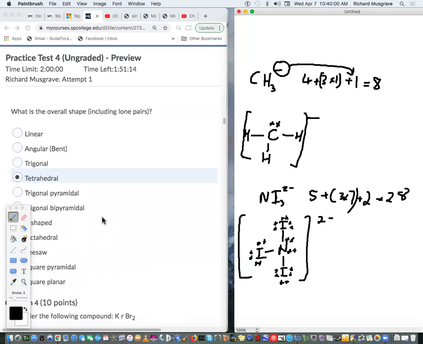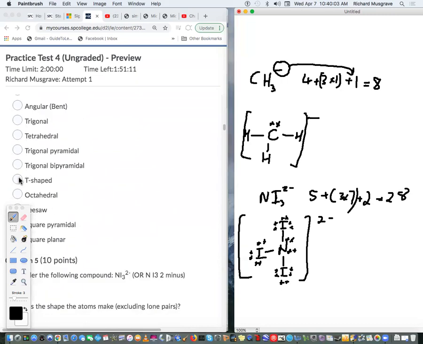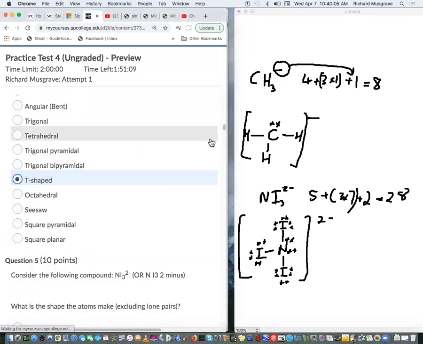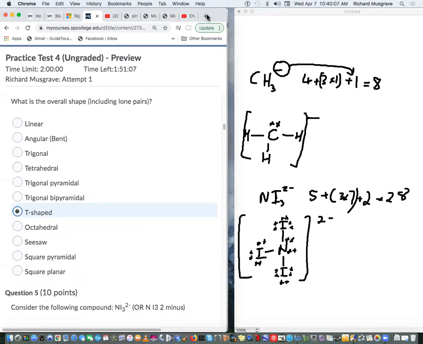That would be the one that we choose as the shape of atoms. All right, how do you feel about that one? Five, 4, 3, 2, 1. Good. Any questions?